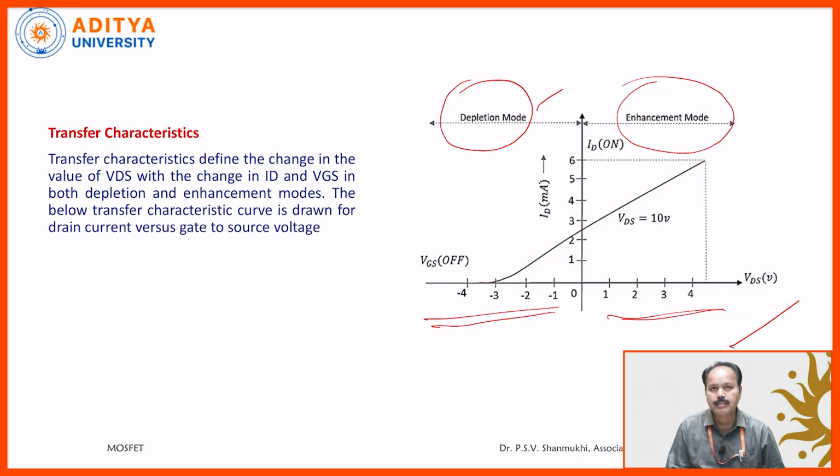Under the enhanced mode, as we are increasing the VDS voltage, the drain current ID is increasing, whereas in the depletion mode, as we are increasing the negative voltage, it is decreasing. This graph represents the transfer characteristics of the enhanced and depletion modes of N MOSFET.